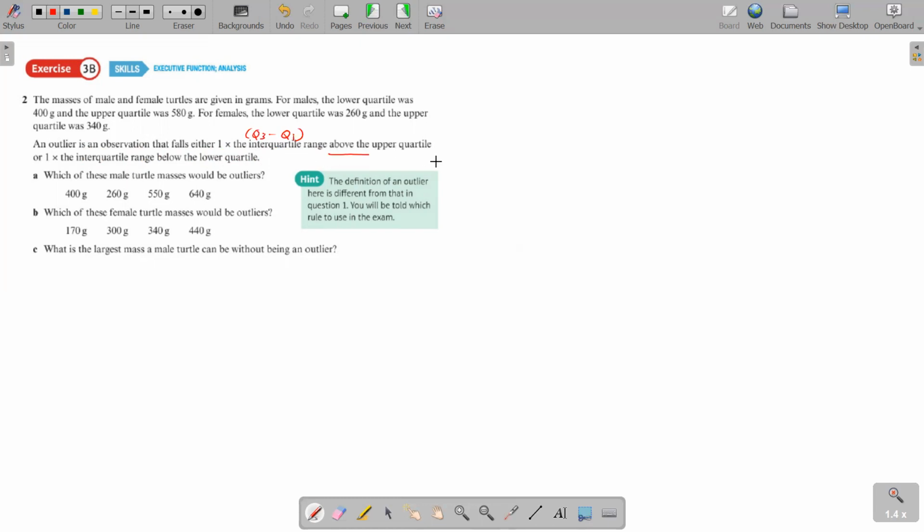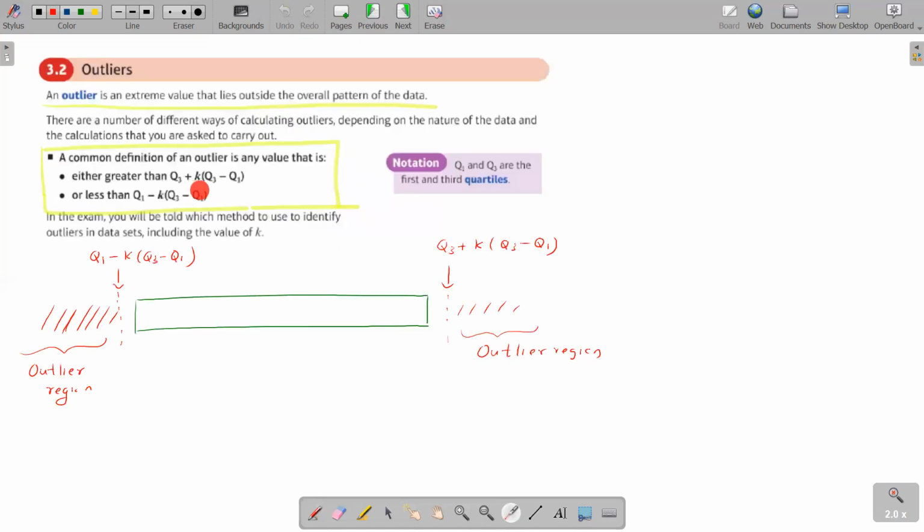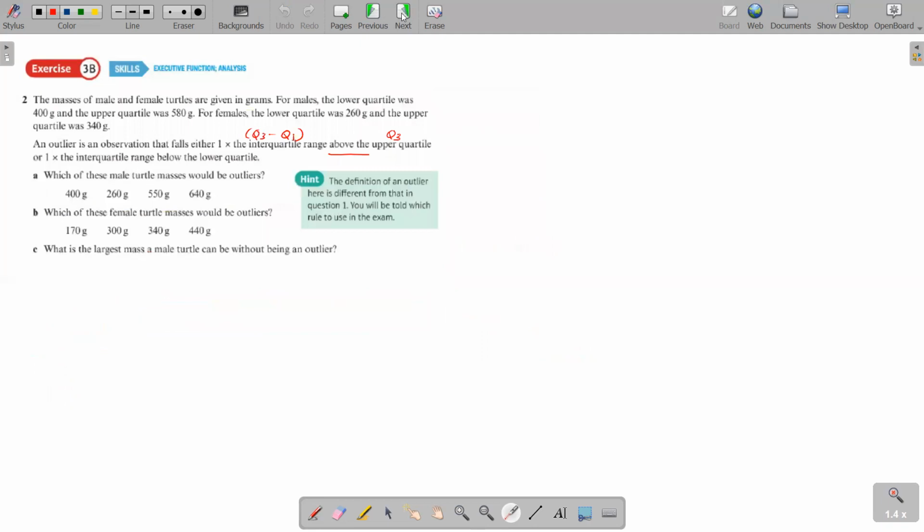Upper quartile means Q3, so above the upper quartile means you add this value to Q3: Q3 plus K times (Q3 minus Q1). The K value is given to us in this question as 1. It will change from question to question. So over here in the question, they have described this.